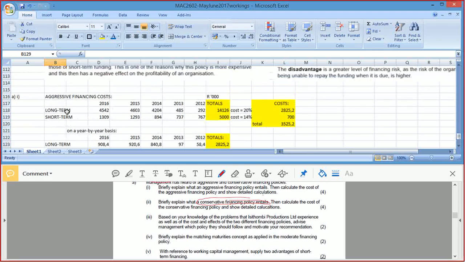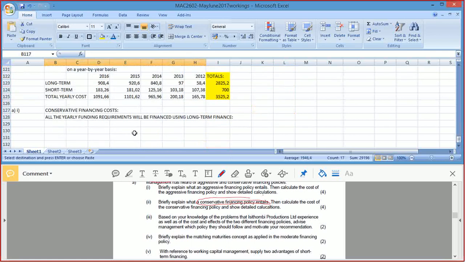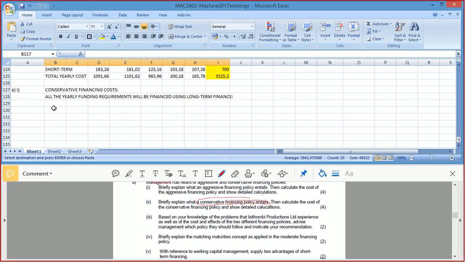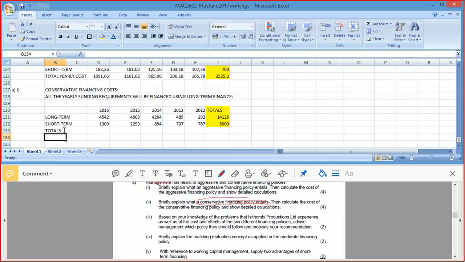So the funding I'm going to need again, this was the funding. Actually, let's take all of that. But all I'm going to be looking at is the totals, because this is conservative.